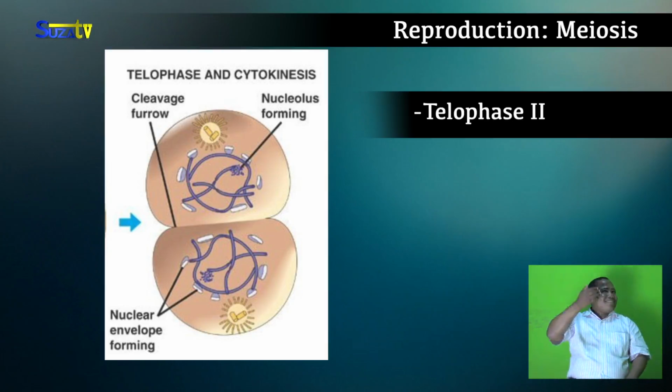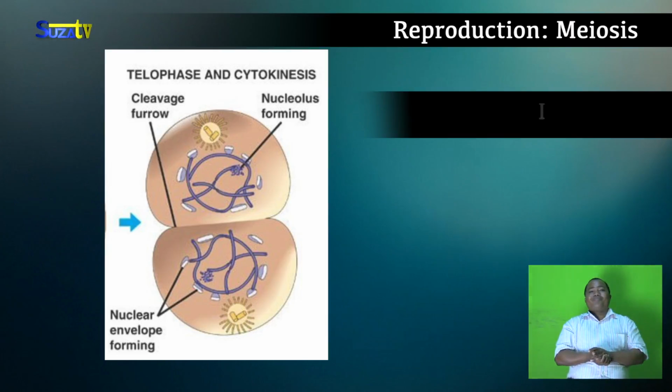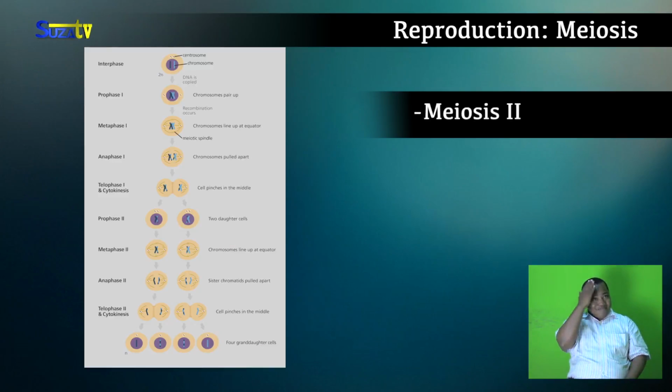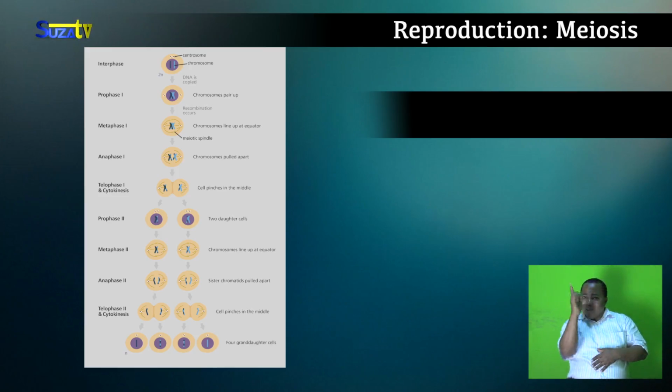Then the centriole replicates. After that, the new nuclear membrane is formed around each set of chromatids. The cells divide into two. You should note that meiosis results in 4 daughter cells, each with the haploid number of chromosomes.